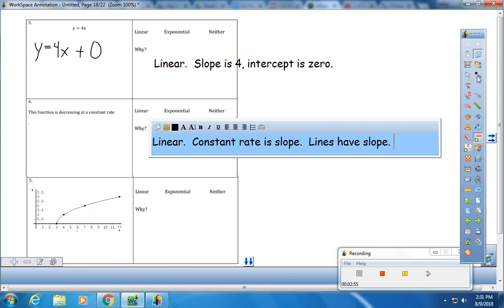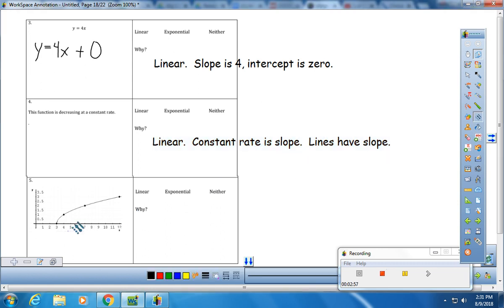All right. Notice. Over 1, up 1.5. Over 3, up 1. Over 5, up 1. So our steps are changing.